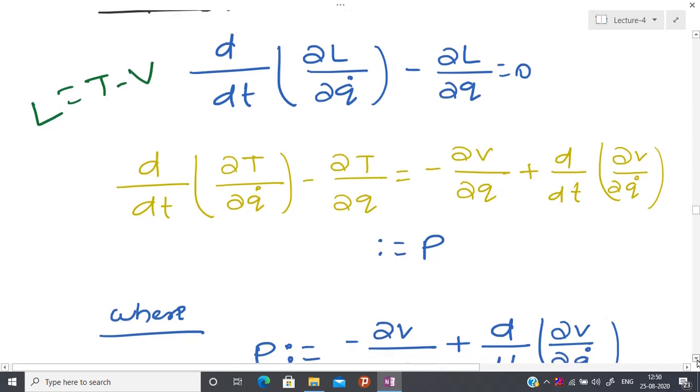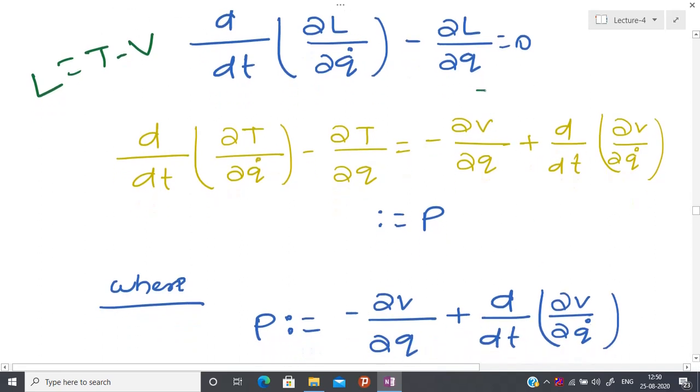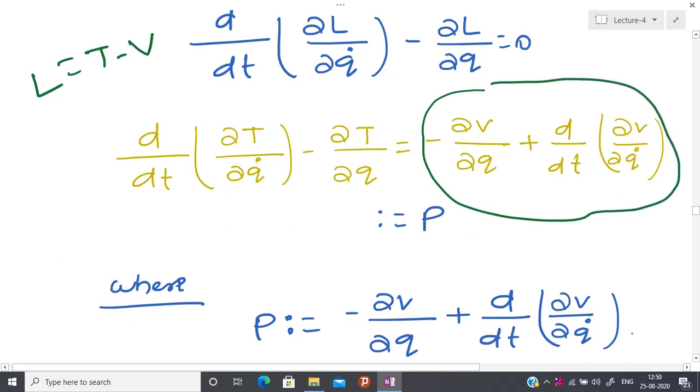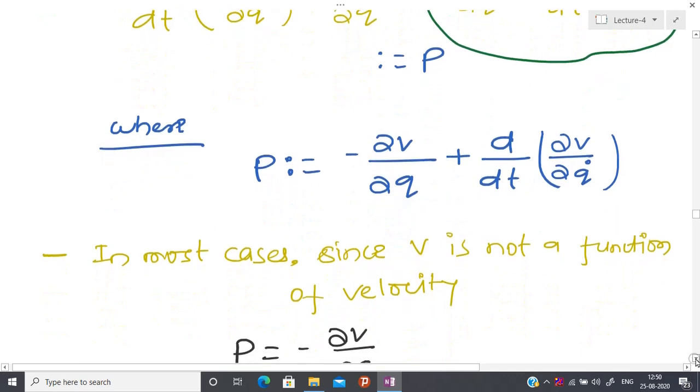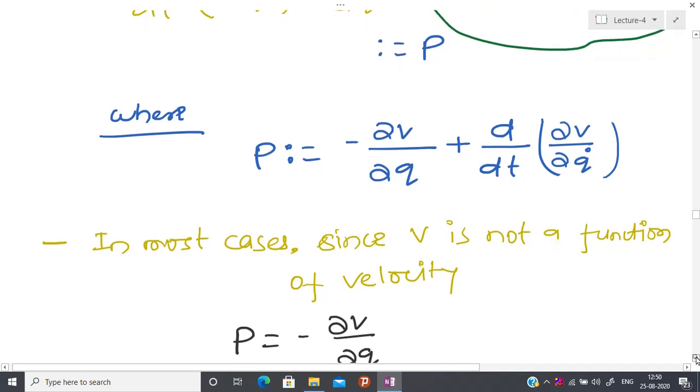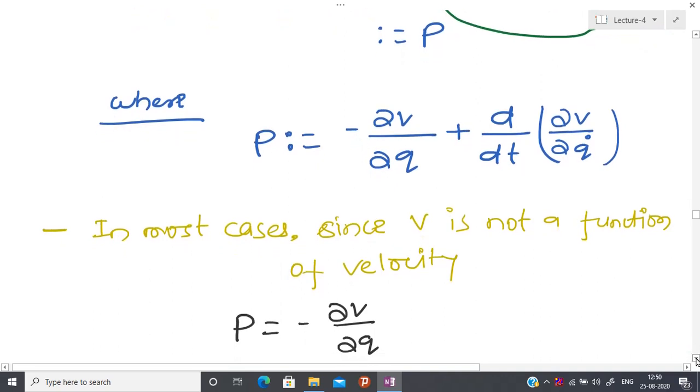The right hand side of this I have defined as P, and most of the time, if some object is moving in a conservative field, then V is just a function of the position.